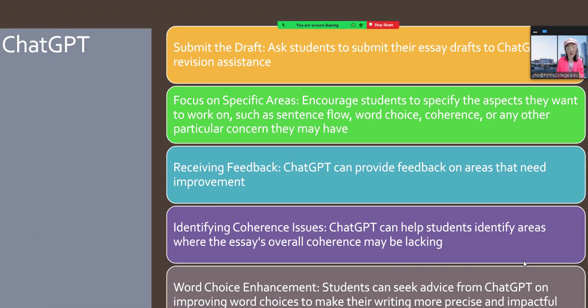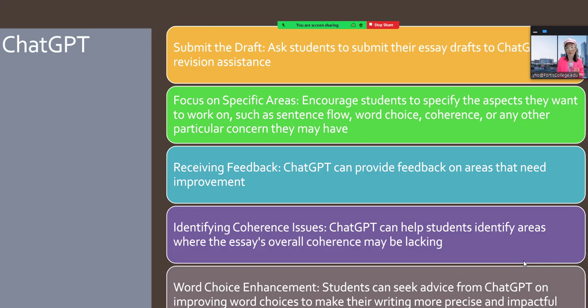Submit the draft. Ask students to submit their essay drafts to ChatGPT for revision assistance. Focus on specific areas. Encourage students in their prompt to specify the aspects they want ChatGPT to work on, such as sentence flow, word choice, coherence, or any other particular concerns they may have.